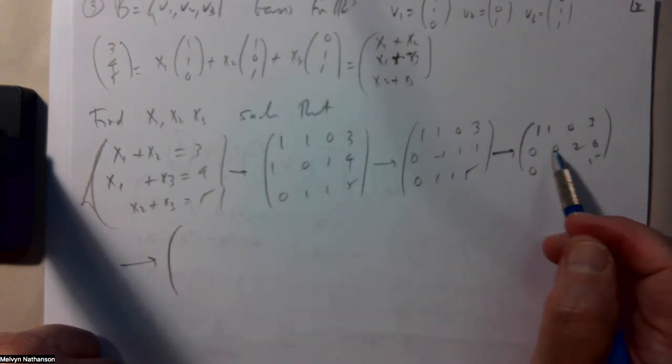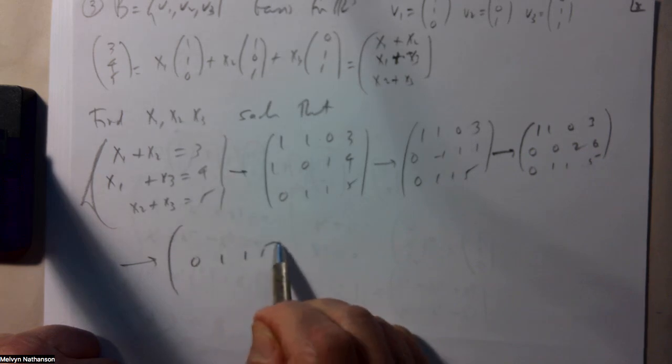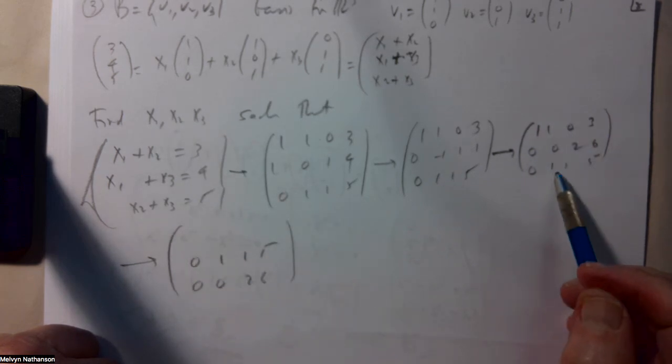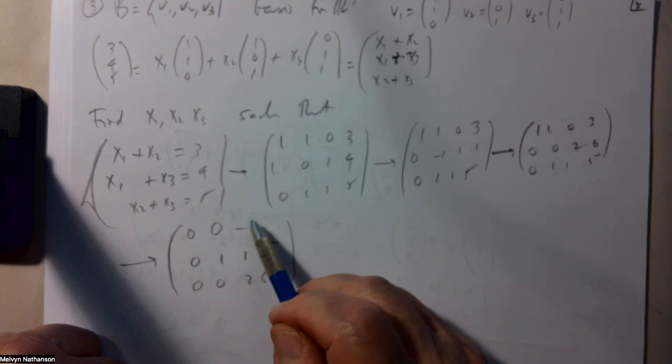Let me interchange the second and the third rows. And let me take the first row minus this row. I get 1 minus 0, 1 minus 1, 0 minus 1, 3 minus 5.